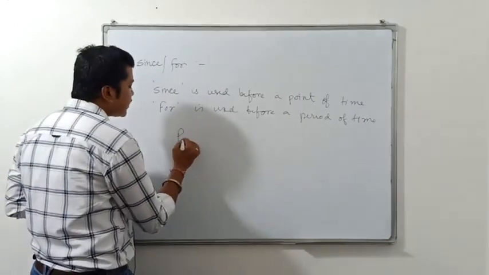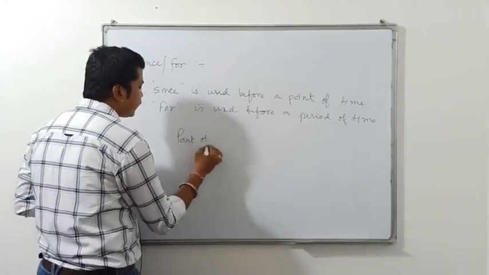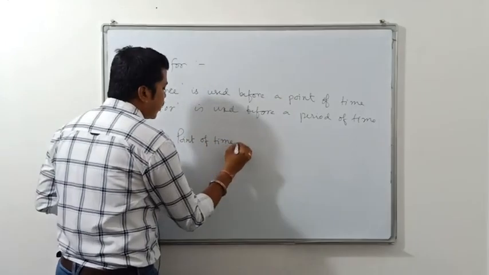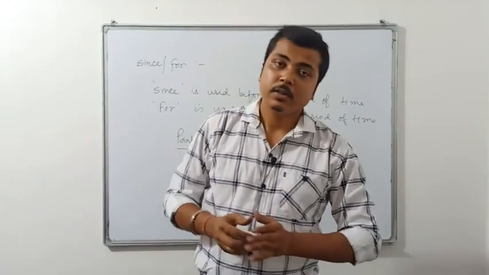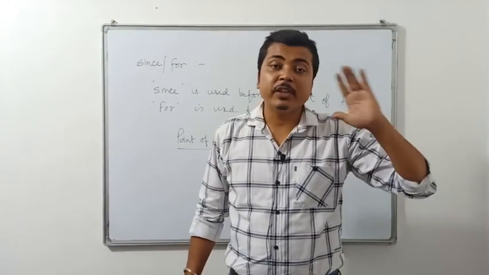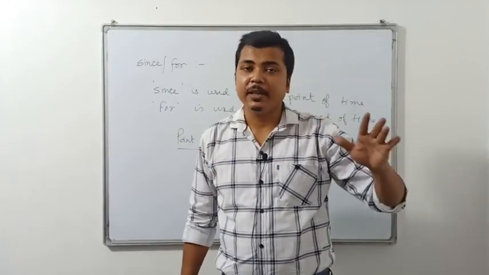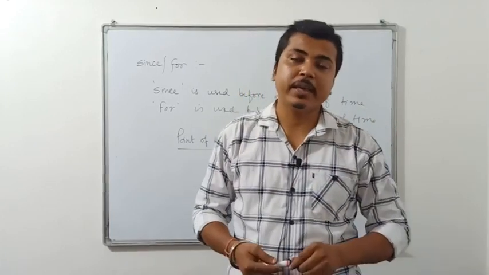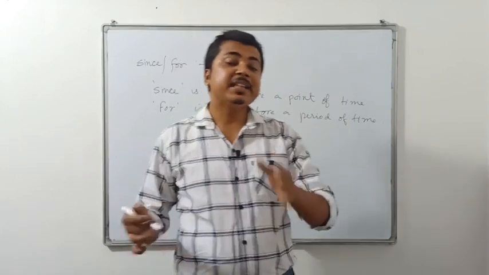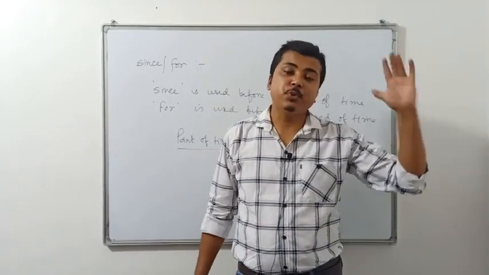Okay, when we speak about point of time, it means what? The starting time of the action can be identified, but we cannot identify the ending time of the action. Okay, suppose if I tell it has been raining dash morning.